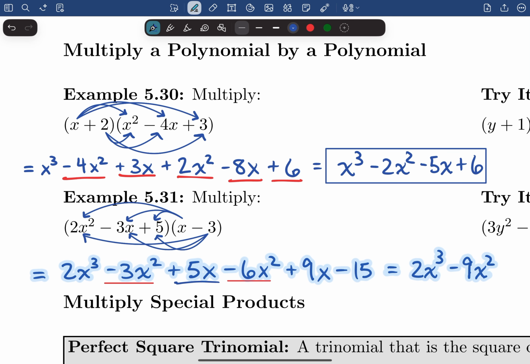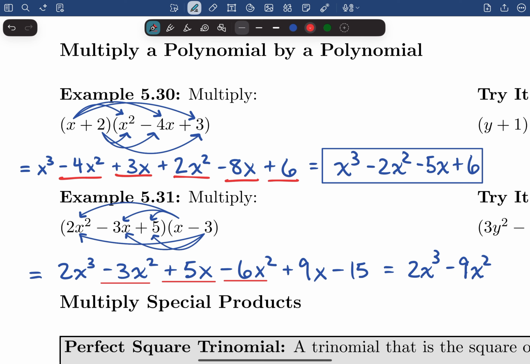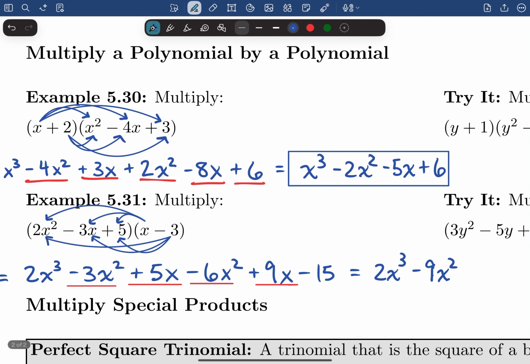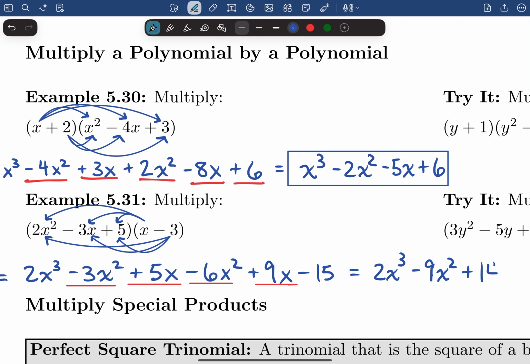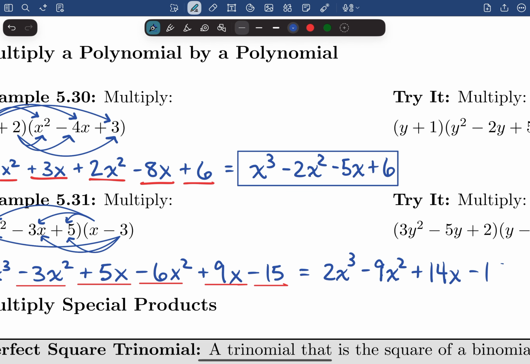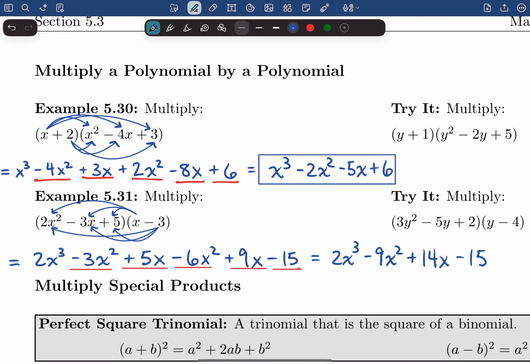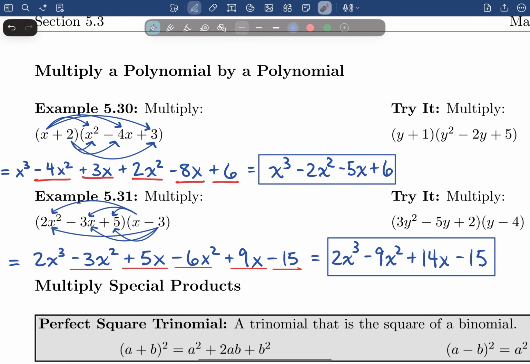And then these are like terms, this 5x and this 9x, right? They're both positive, and so when I add them together, that gives me 14x. And now I have the constant remaining here. This is the constant. It doesn't have a variable x with it. So I just tag it on to the end, and I now have this nicely created result.